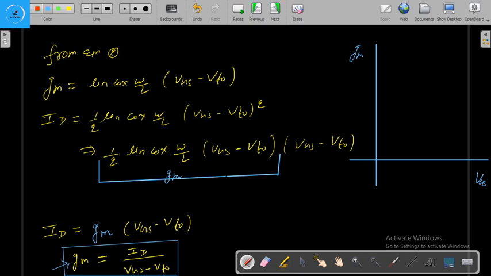So this curve will be like this. This is known as the technology bias, right?